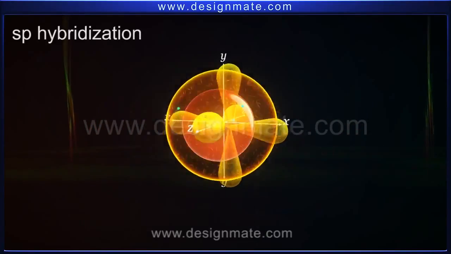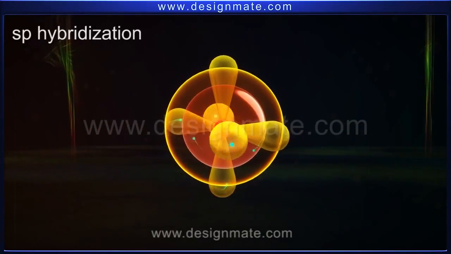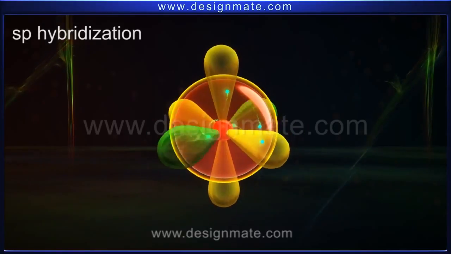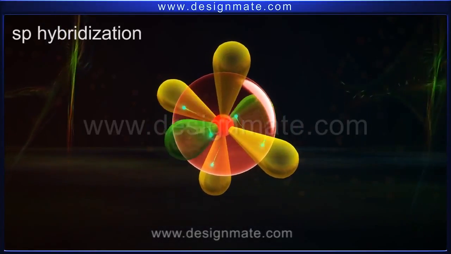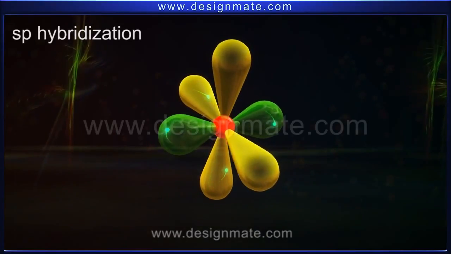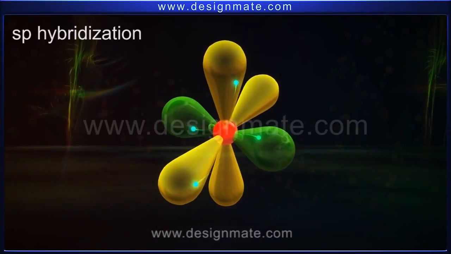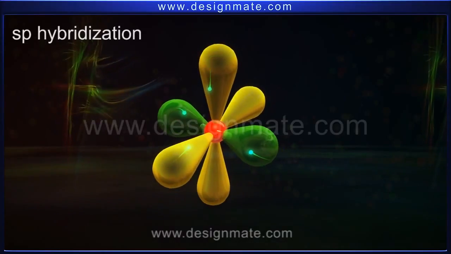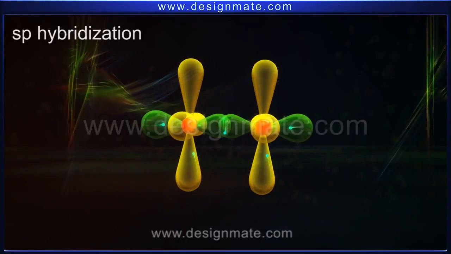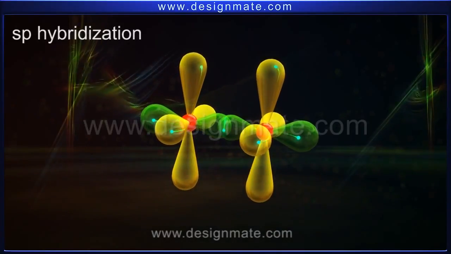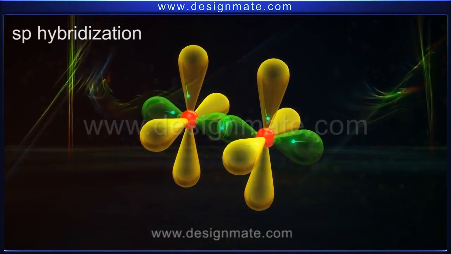Another process of intermixing is called sp hybridization. This involves the mixing of 1s and 1p orbital of an excited carbon atom and results in the formation of 2 sp hybrid orbitals. Now, imagine another sp hybridized carbon atom approaching this carbon atom such that the sp hybrid orbitals of the 2 carbon atoms face each other.